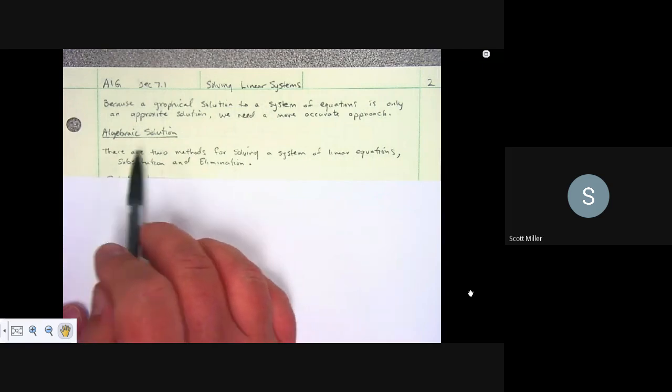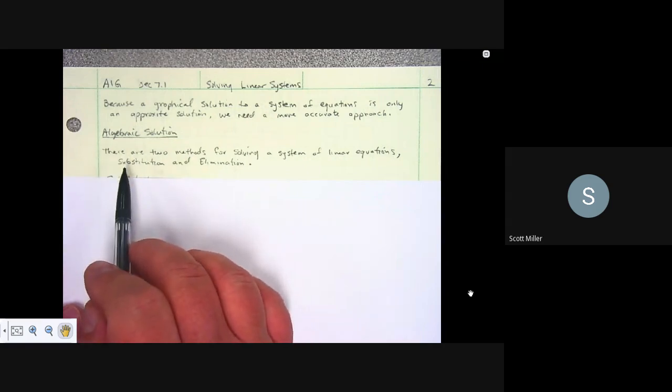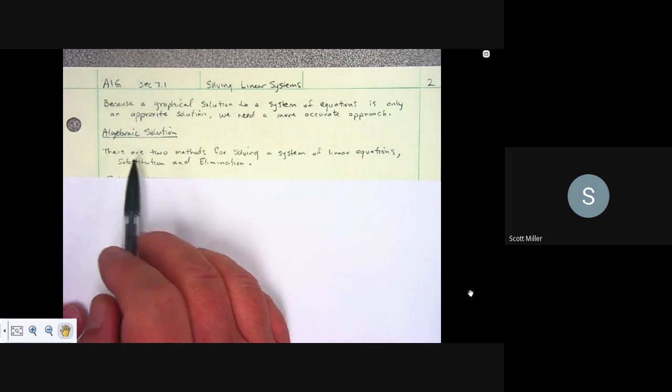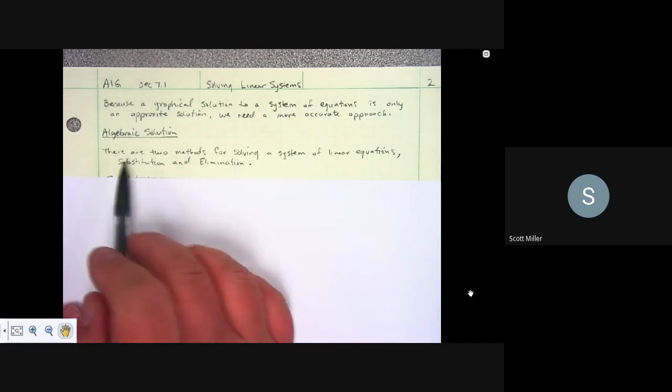The substitution method is the most useful from this point going forward. When you go to other classes, even when we do systems of equations that are non-linear, substitution is the technique you're going to use.